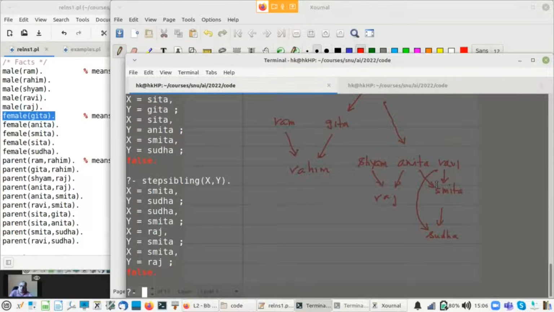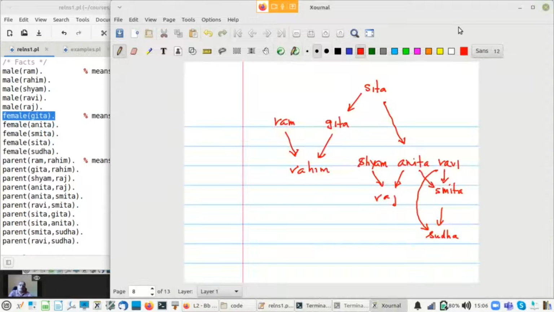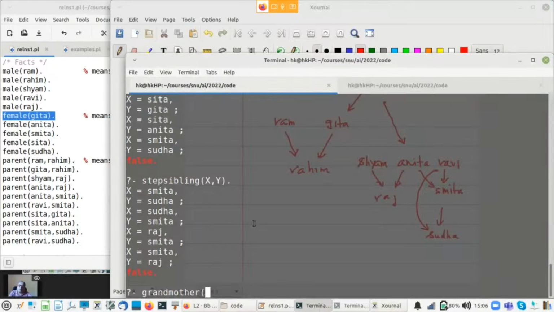Similarly, you can now ask for whatever, we know that grandmother. Now, not everything needs to be a variable. So, for example, if we look at this, Sita is a grandmother for several people. So, we can try grandmother Sita, and now we say X here.